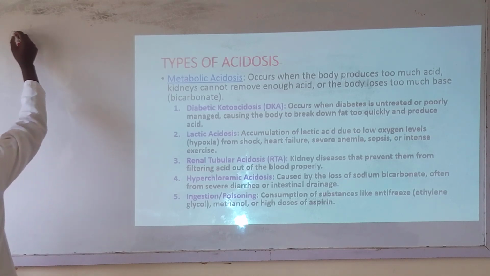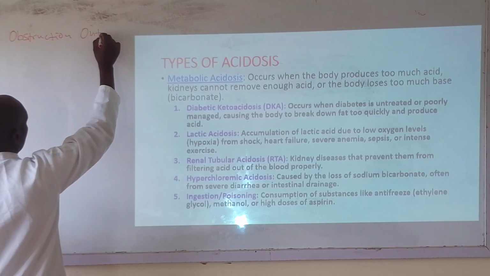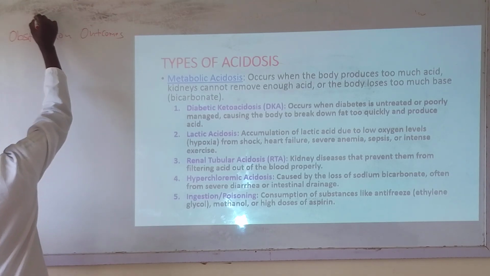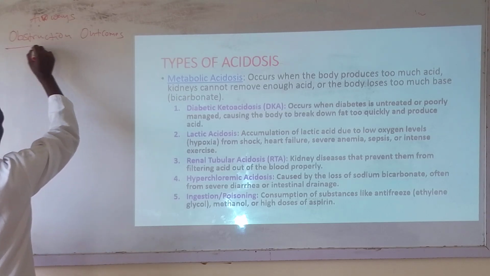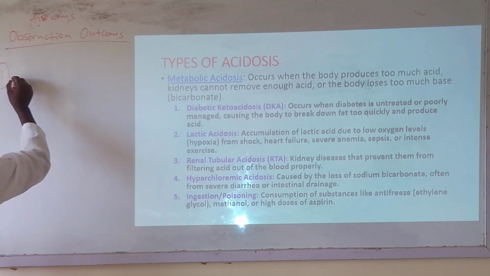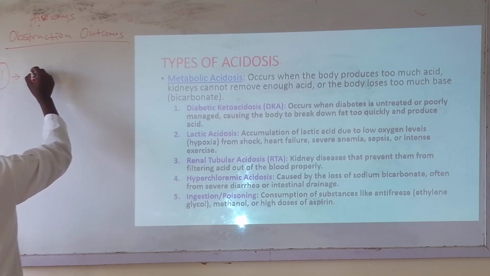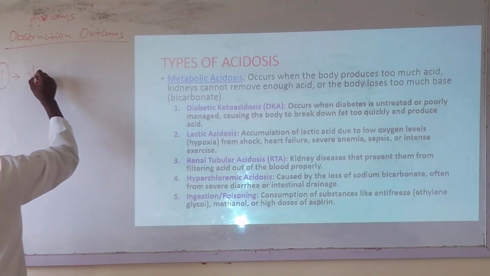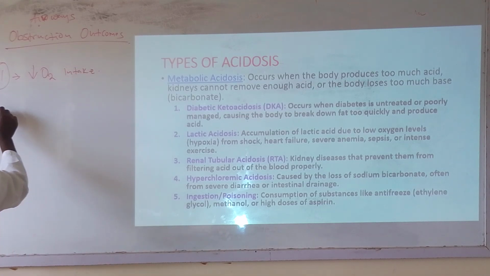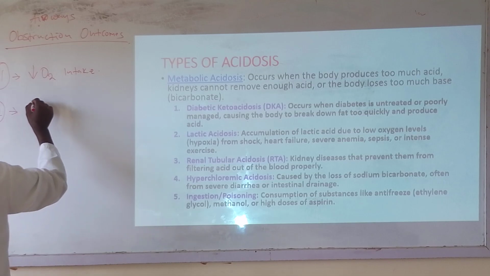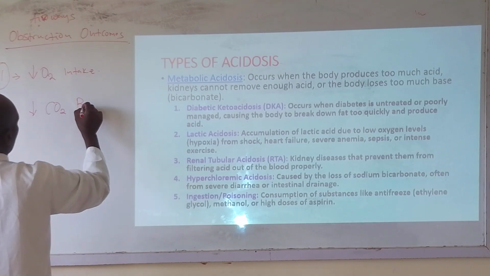So the outcomes of airways obstruction: one, your tissues will be deprived, there will be reduced oxygen intake. Then number two, there will be reduced CO2 removal.